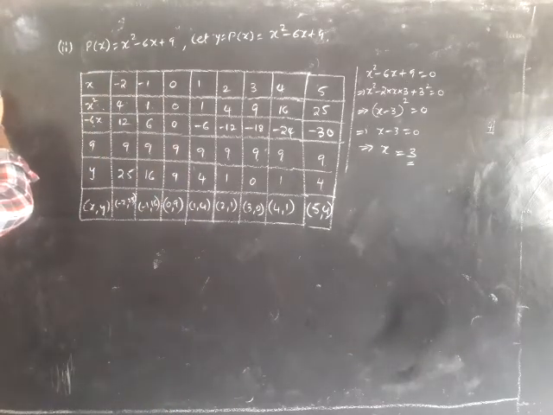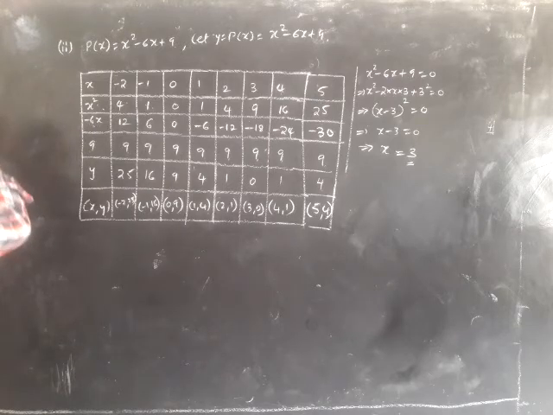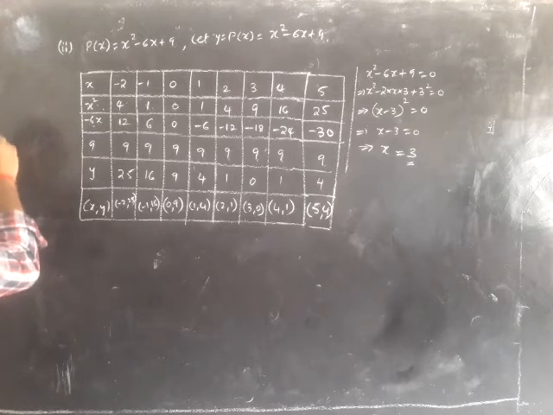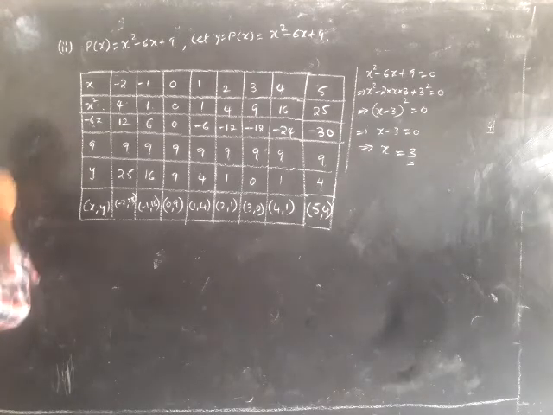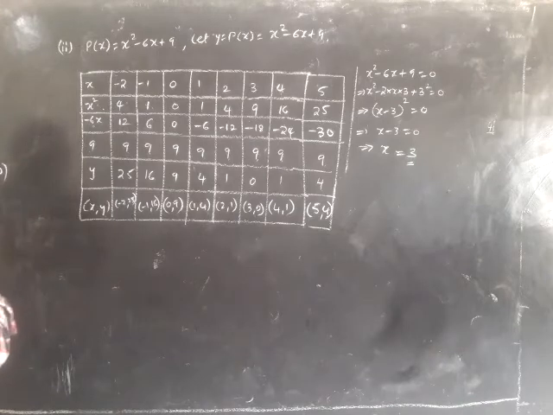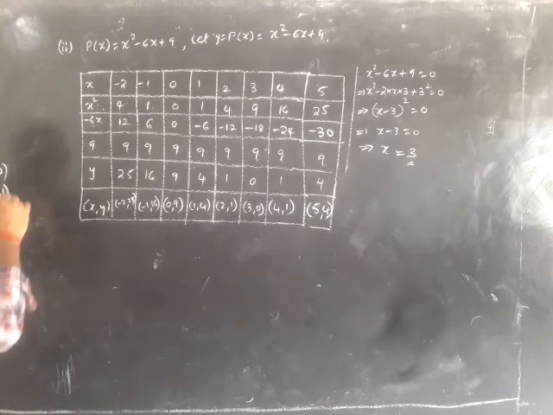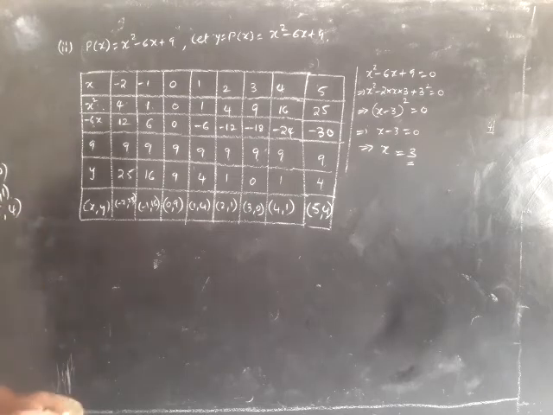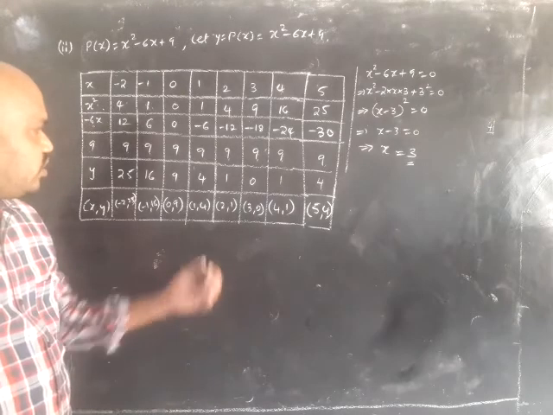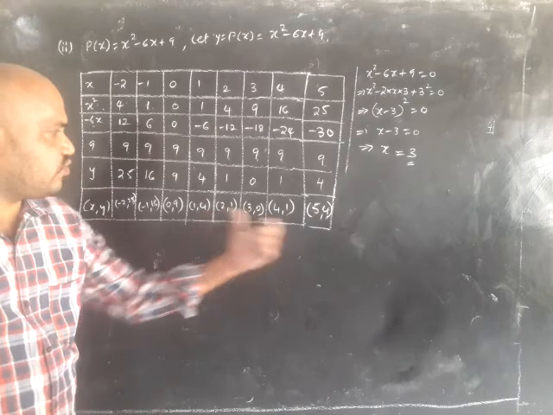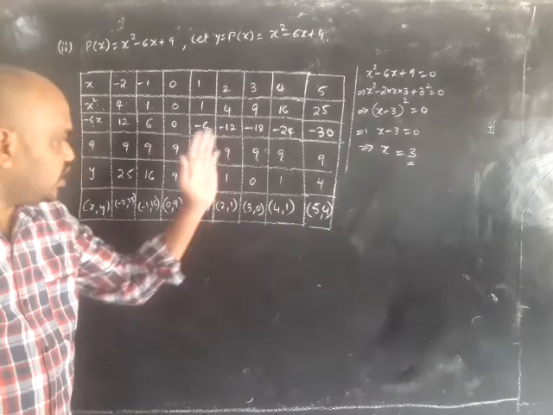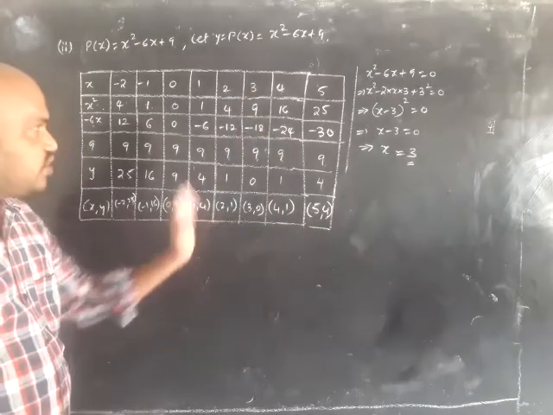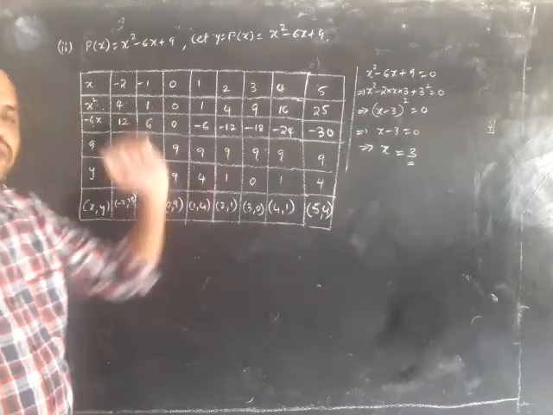If you want, we can plot the points from 1 comma 4 to 5 comma 4, then we get a U shape actually.